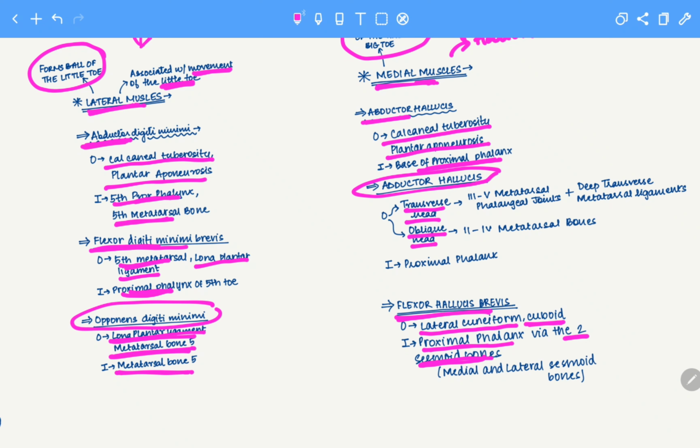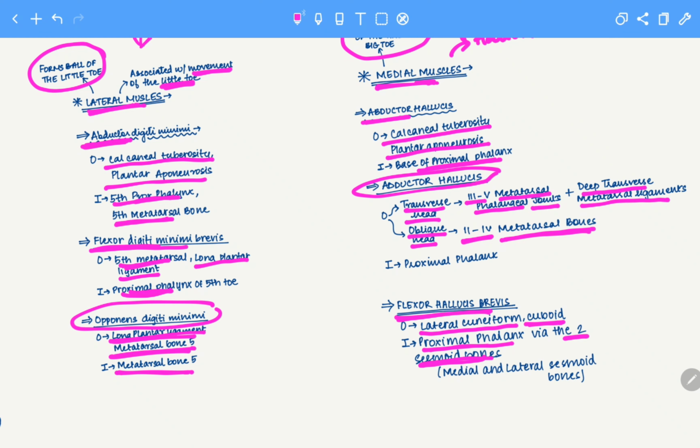The transverse head will originate on the 3rd to 5th metatarsophalangeal joints and the deep transverse metatarsal ligaments, and the oblique head will originate on the 2nd to the 4th metatarsal bones.